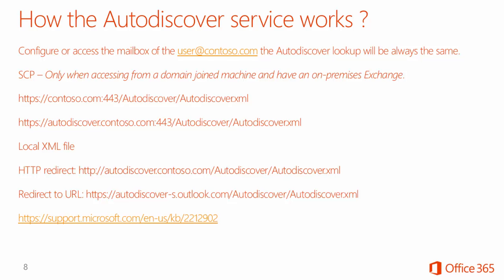Then, if this also fails, it will try to locate a local XML file. If it doesn't find it, it will then ask for an HTTP redirect. This will be done on port 80. In Office 365, the HTTP redirect to autodiscover.contoso.com will receive a redirect to the URL https://autodiscover-s.outlook.com.